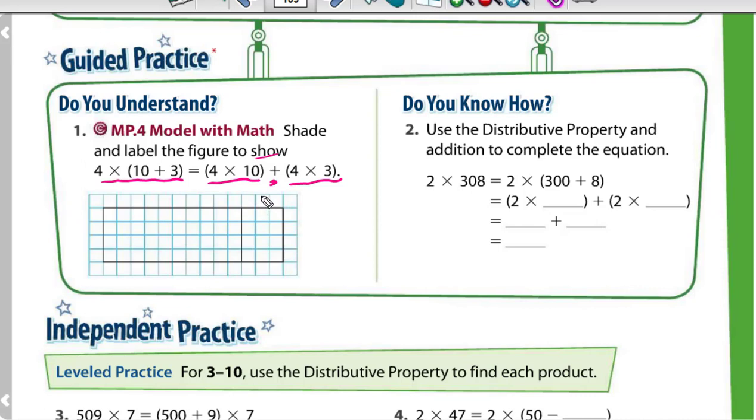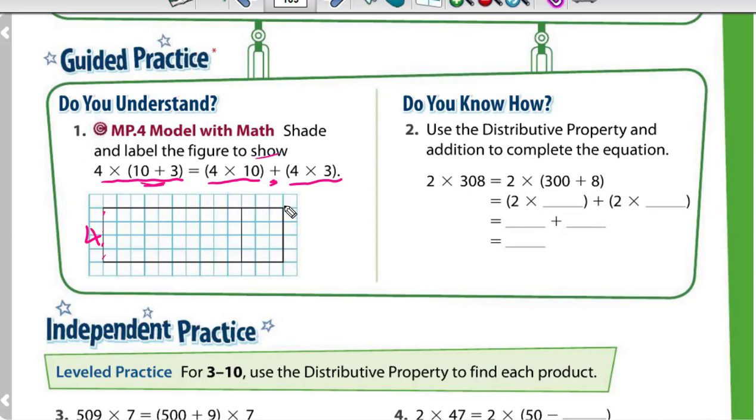Good. Let's start. As you can see here with me, 1, 2, 3, 4. So this is 4. And here we have 10 plus 3, which is 13.